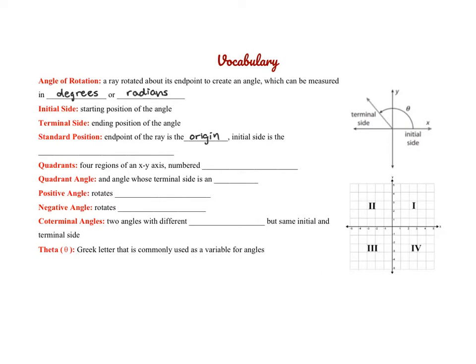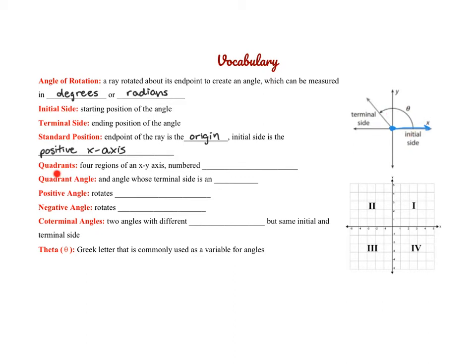Our endpoint is at the origin, so it's centered, and the initial side is always going to be the positive x-axis. Technically the initial side could be anywhere, but for standard position, we are always going to start here and then rotate either counterclockwise or clockwise.